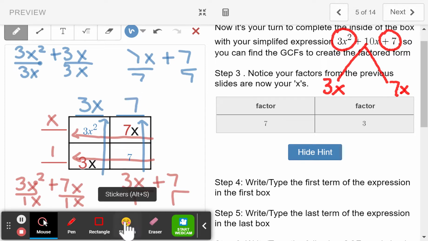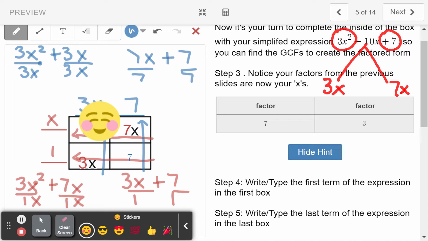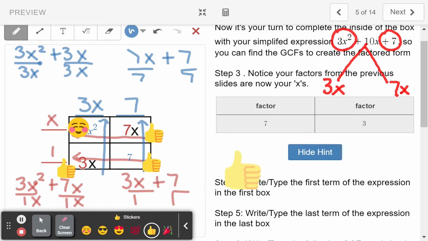Now we can double check. X times 3x gets me 3x squared. That's actually pretty big. Maybe I'll do a thumbs up. X times 7 gets me 7x. 1 times 3x gets me 3x. 1 times 7 gets me that 7.